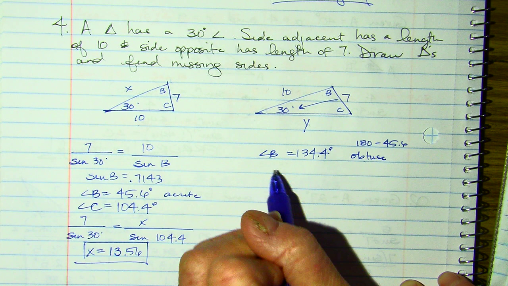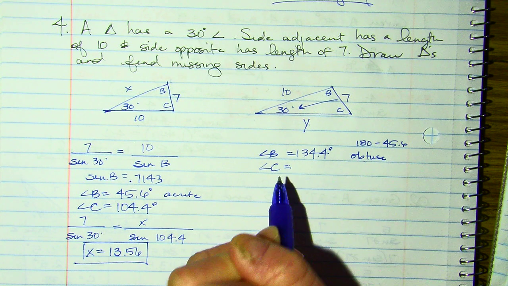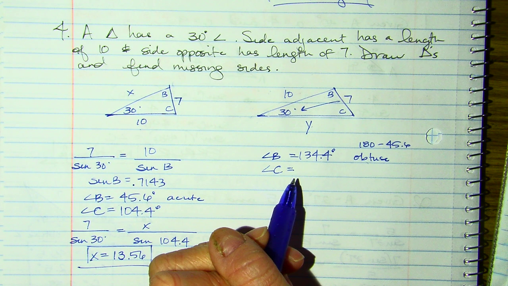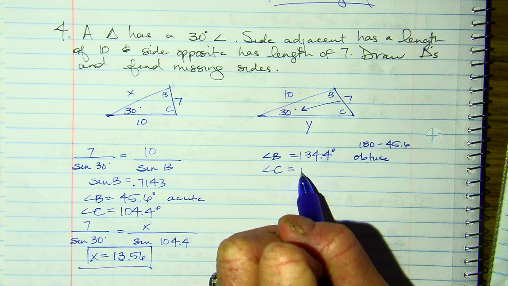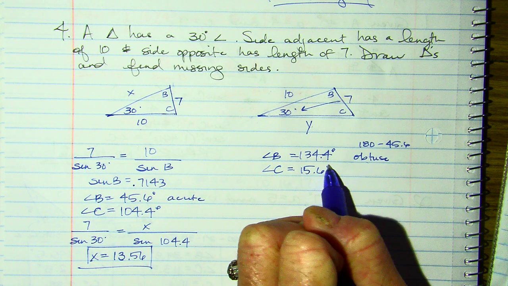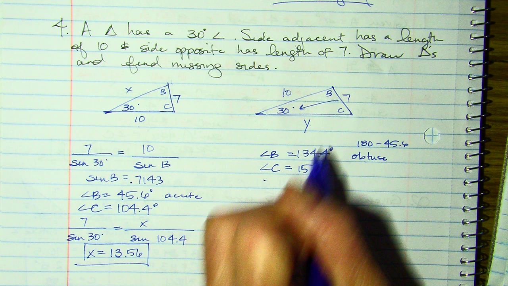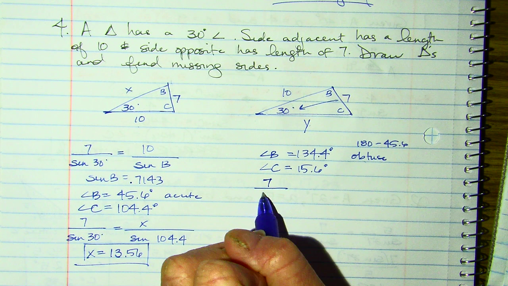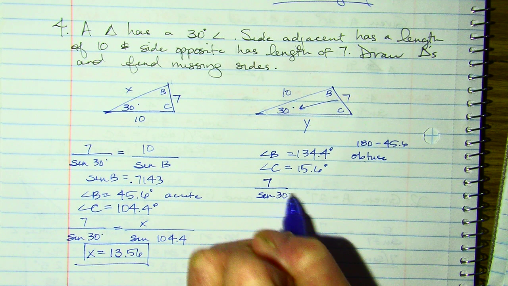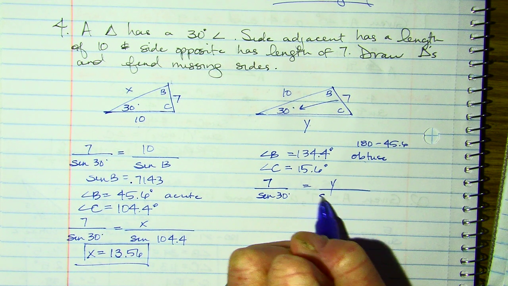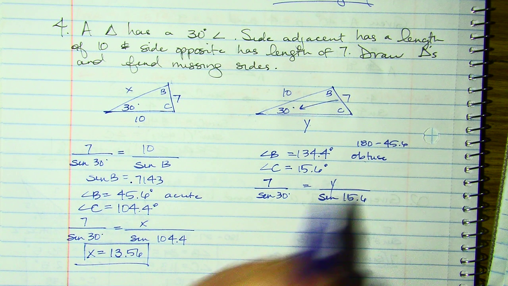And so in this case, angle C would be very small, right? 180 minus 134.4 minus the 30 degrees you already have. I now only have an angle C of 15.6. And then to find this missing side, 7 over the sine of 30 equals y over the sine of 15.6.